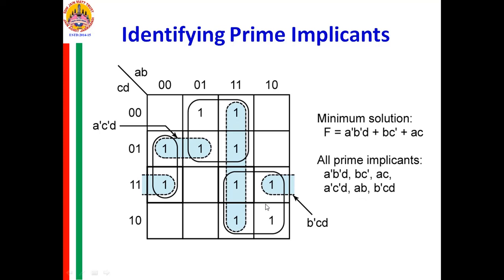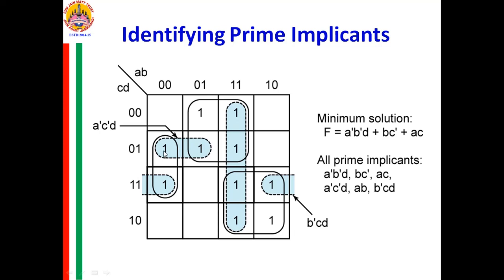Then all possible pairs, let us write the prime implicants. So for this one and this one, they can combine together. And this pair cannot combine with any other to reduce further. So this is also called a prime implicant. That is B bar CD.